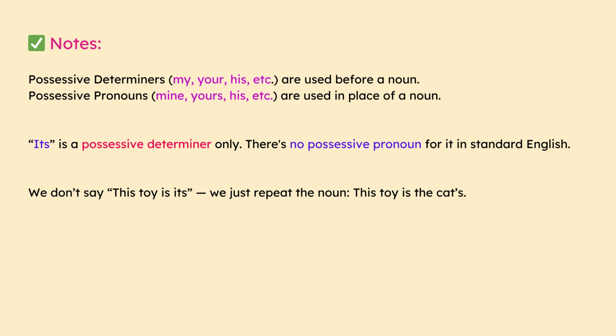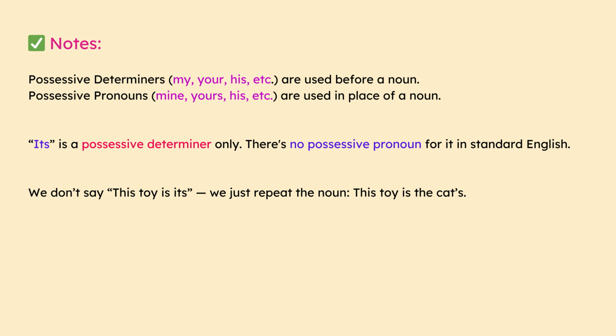Now let's look at some important notes about possessive words. First, remember, possessive determiners like my, your, his, her, its always come before a noun. For example, this is my pen. Possessive pronouns like mine, yours, his, hers replace a noun phrase and stand alone.